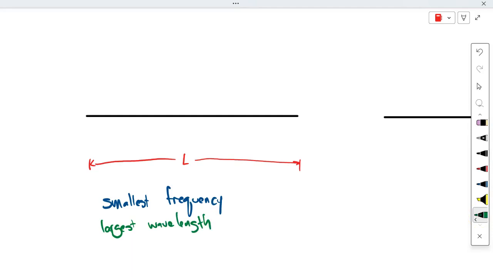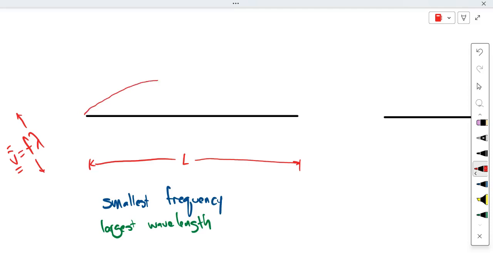I apologize for the sloppiness of the writing. I'm using the wave equation, v equals f lambda, and if there's a constant wave speed on this string, a small frequency means a big wavelength. Well, the biggest possible wavelength that you could create a standing wave on a string looks like this.